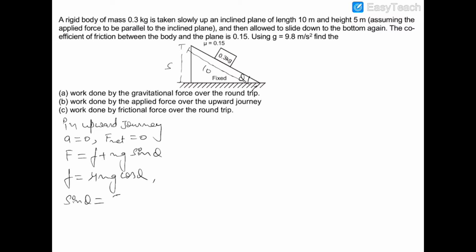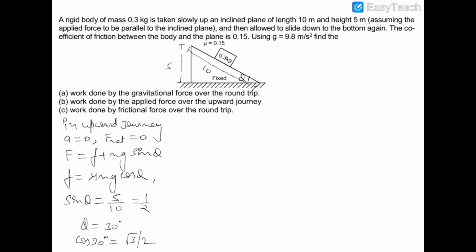So perpendicular is 5, hypotenuse is 10, sine theta is half. Therefore theta is 30 degree, and cos 30 degree will be equal to root 3 upon 2. So in the upward journey, we are making it slide upward slowly, and the force is applied parallel to the inclined plane, and then we are allowing it to slide down to the bottom again.